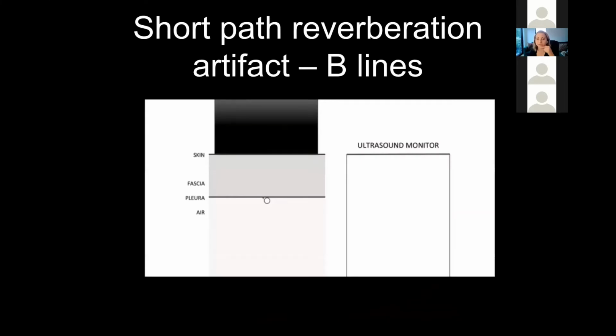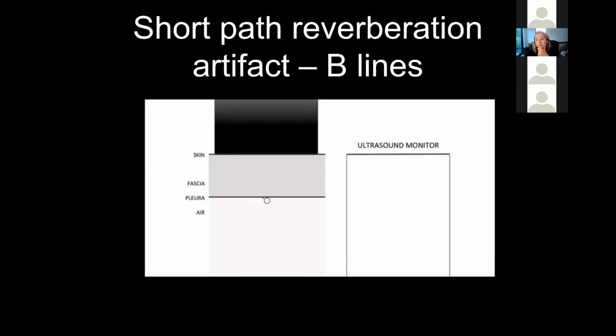But what are they? Again, we've got our probe onto the tissue and the ultrasound pulse is coming through the tissue. But this time we've got a small sphere of fluid just below the pleural line, surrounded by air in the lung. Traditionally you would think about an alveolus that is full of fluid, and it allows the ultrasound to travel through the pleural line rather than reflecting straight back, into that little ball of fluid.